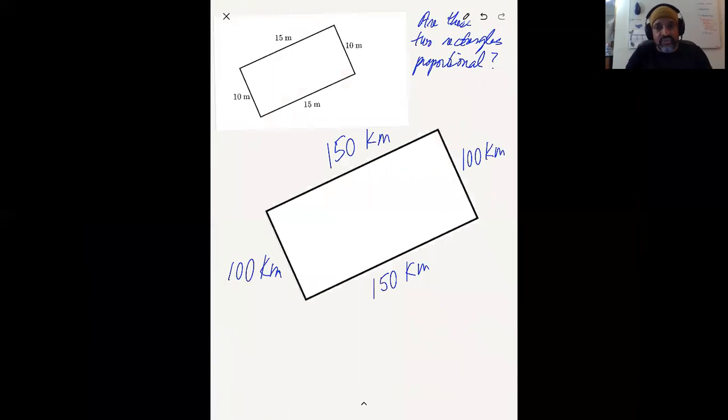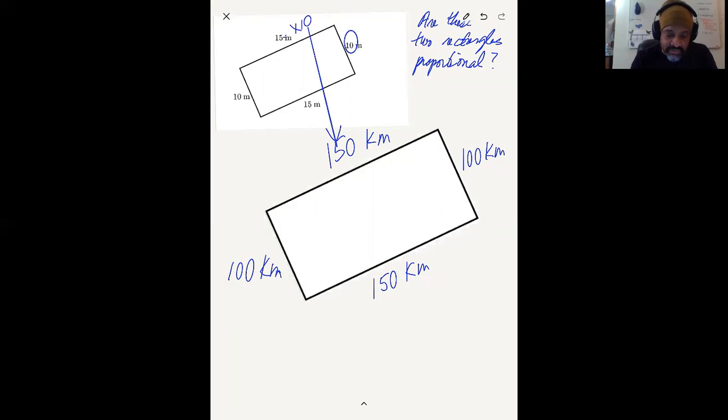When I look at these 2 drawings, these 2 rectangles, my question is, are these 2 drawings proportional? Now that I have numbers, I can say with some precision whether or not these 2 things are proportional. And they are, because if I multiply this number by 10, I get this number here.